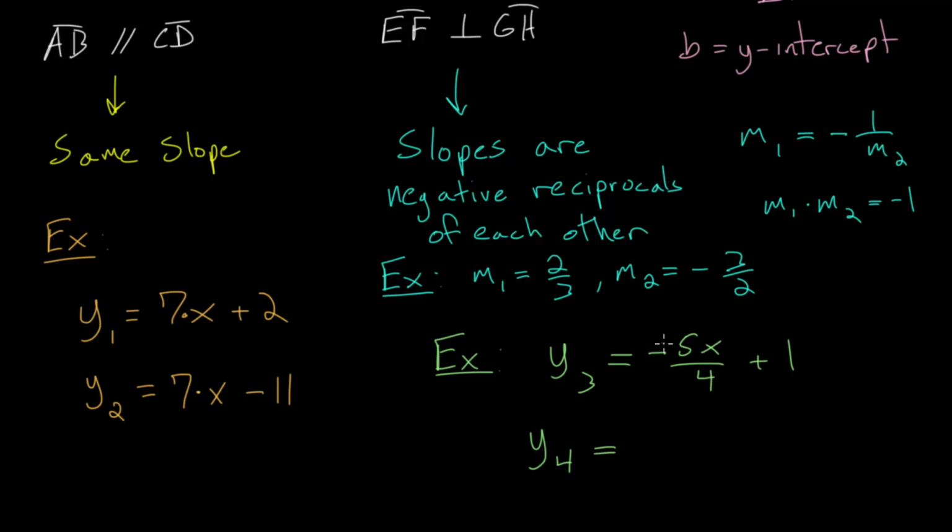So it would be a positive number, and we flip the fraction. So positive 4x over 5. And again, the y-intercept can be anything here. So let's say minus 3. So these two lines are perpendicular. And again, we can write it that y3 is perpendicular to y4. And over here, these two lines are parallel. We can say that y1 is parallel to y2.